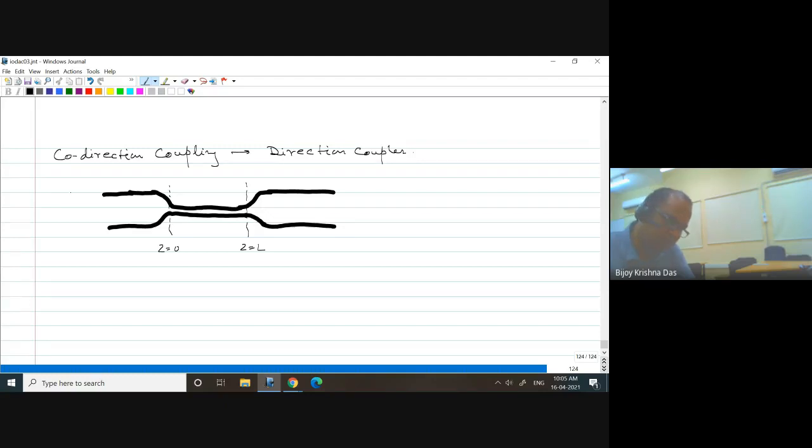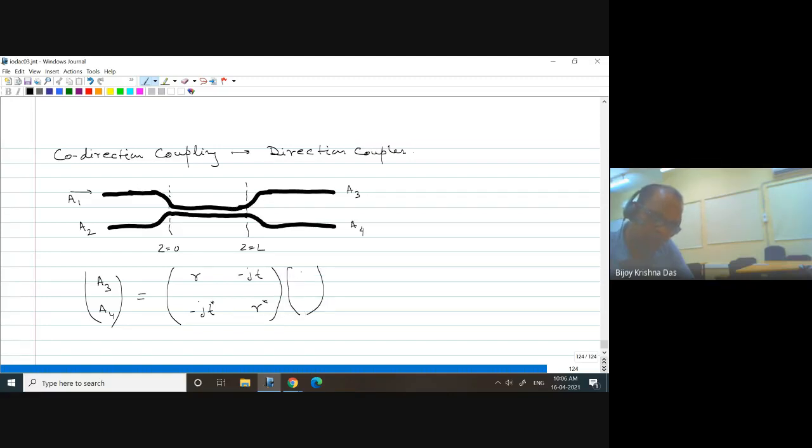And if I use A1 here and A2 here, and we can consider this is A3, this is A4, then we know that this A3 by A4, that is the output, should be equal to the so-called matrix R, minus j T, minus j T star, and R star, times A1, A2, right?